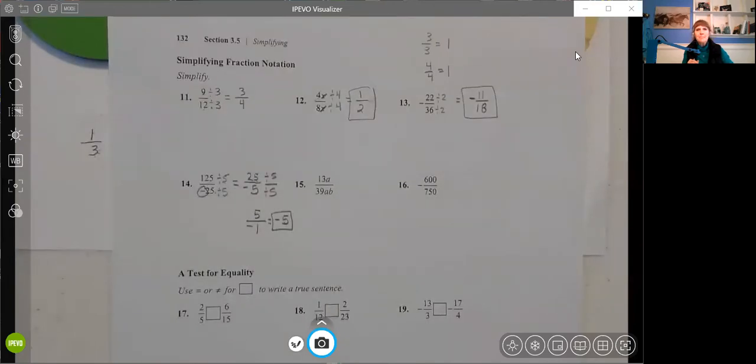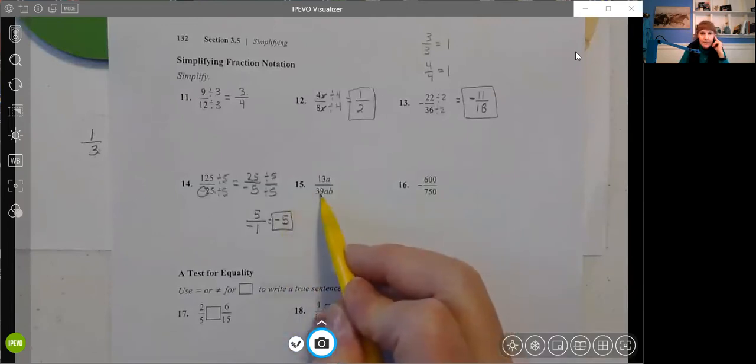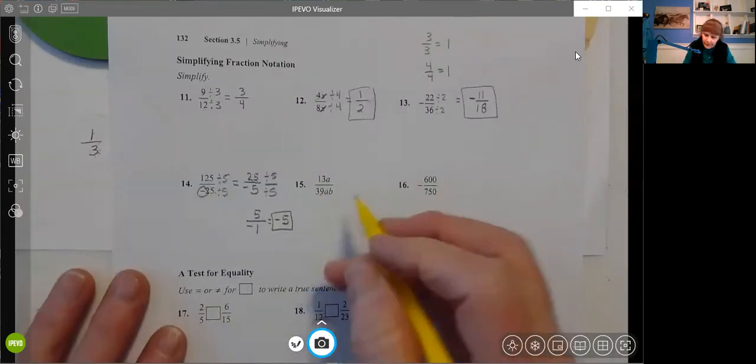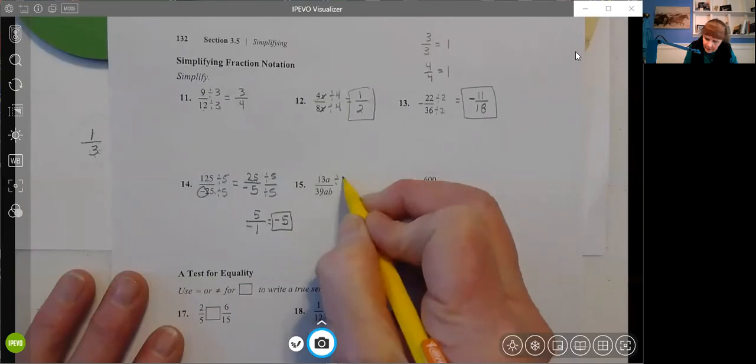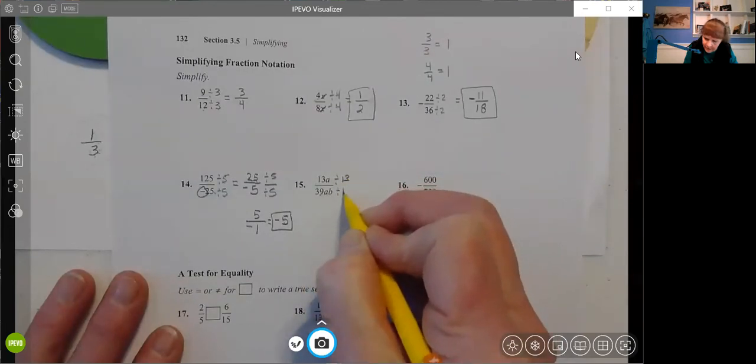13 and 39. Well, at first glance, you might think, wow, 13 is prime. Only 1 and 13 go into 13. So take 39 and divide it by 13 and see if it is divisible by 13. It is. So I can divide them both by 13.